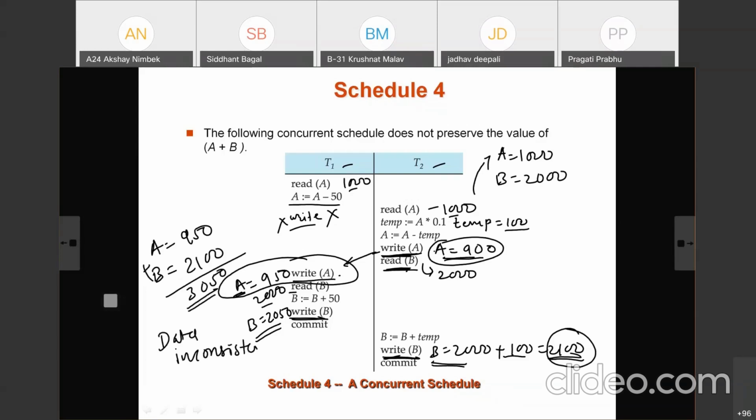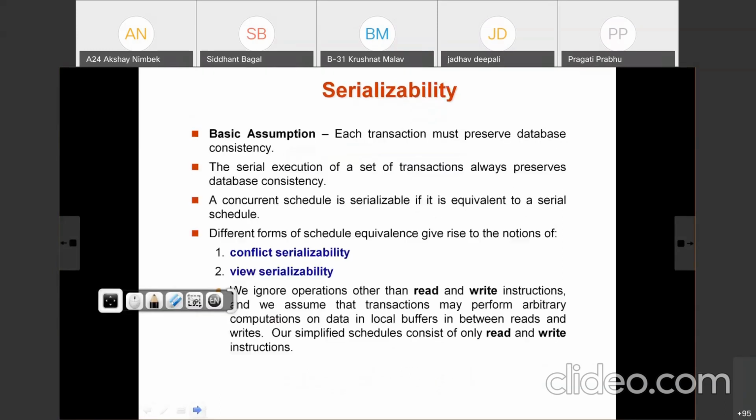So that's why we can say that not every concurrent schedule results in data consistency, but every serial schedule results in data consistency. The next part is serializability. The basic assumption is that each transaction must preserve database consistency. What is our aim? That the database must preserve consistency.